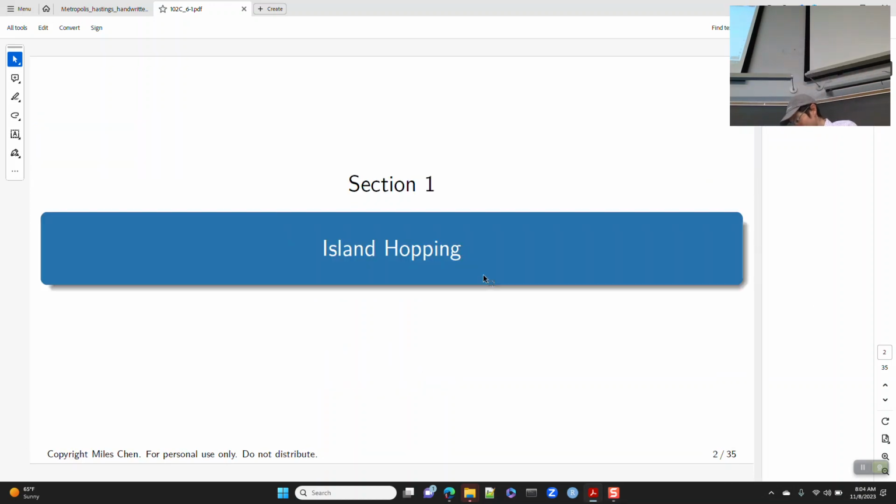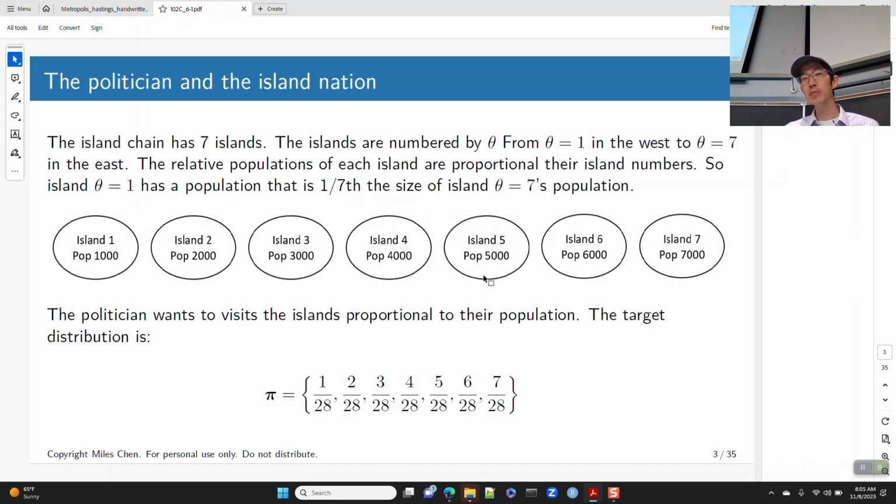So last week, I guess it's already been a week, the last time we talked about this island hopping example. And we were asking, how do we design a Markov chain?